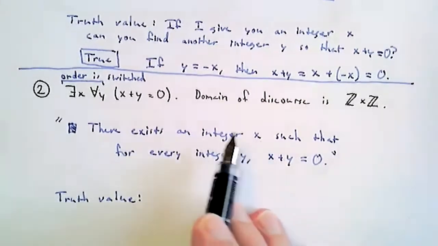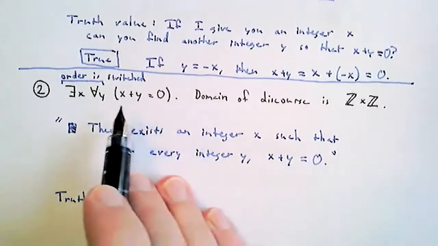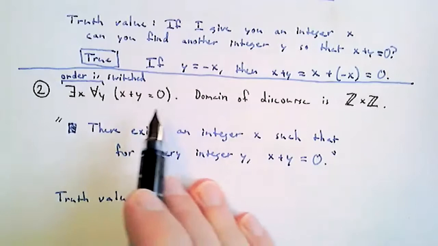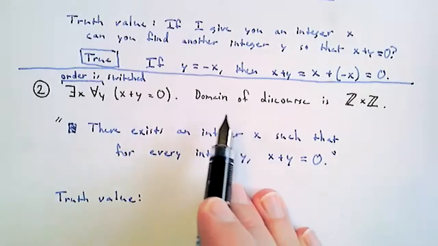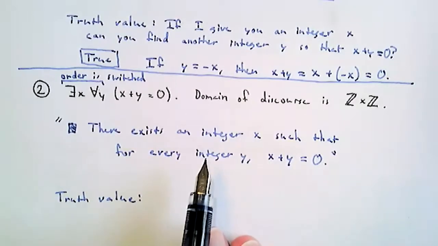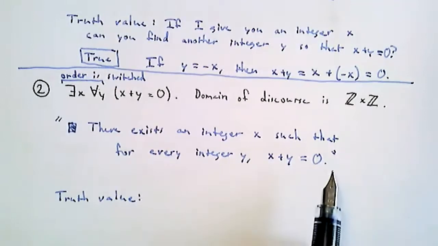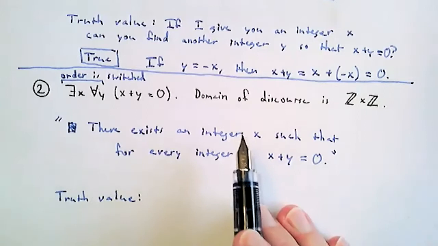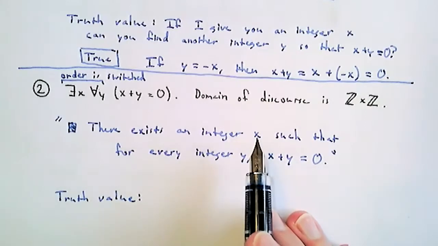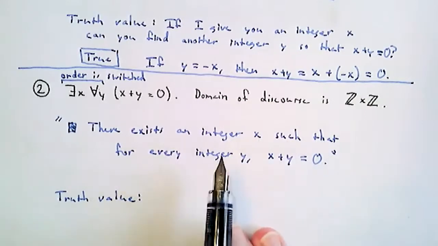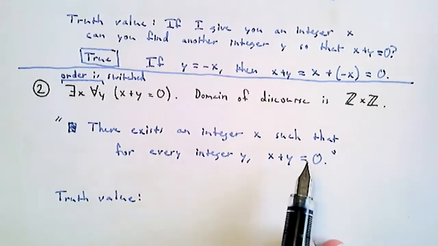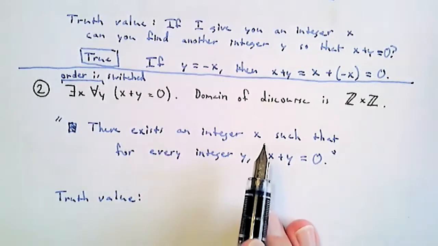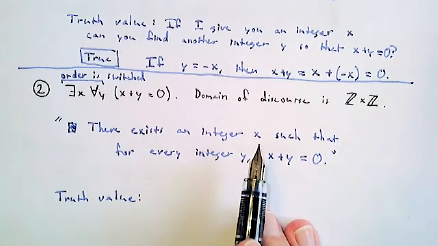If you wanted to say true, you would have to give me an example of an integer so that when you add it to every other integer, you get 0. If you think of an integer, like the number 1, if you add any other number to it, you're not going to get 0 unless your other number happens to be -1.